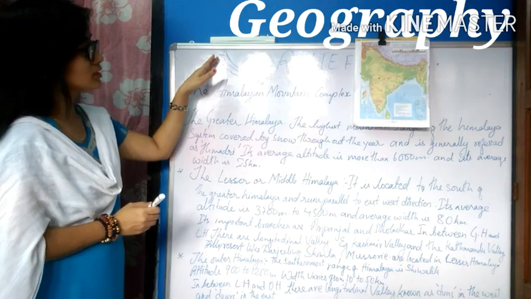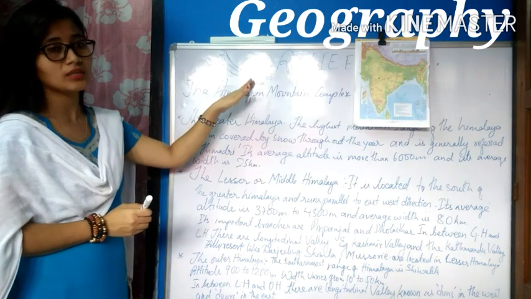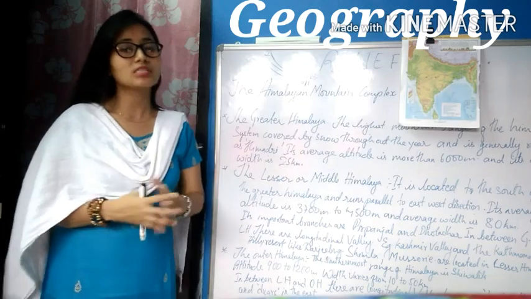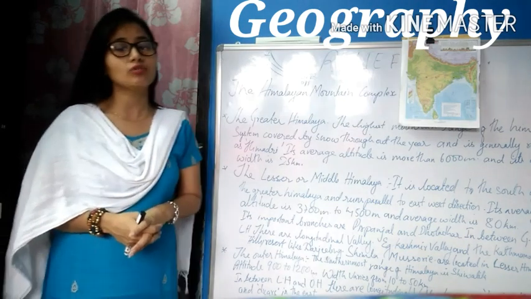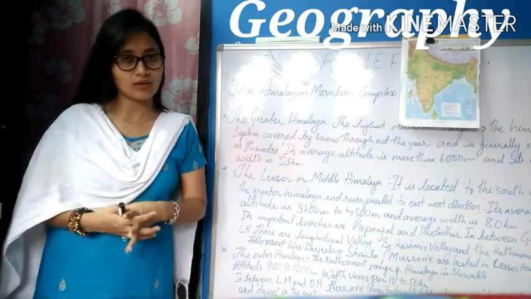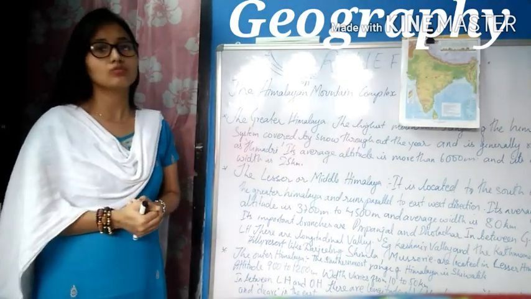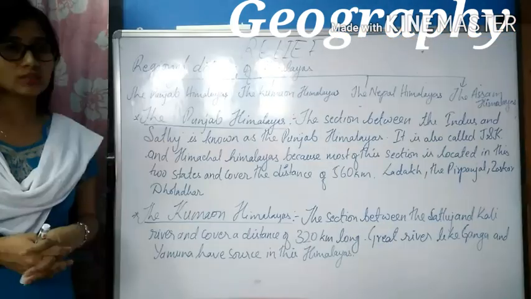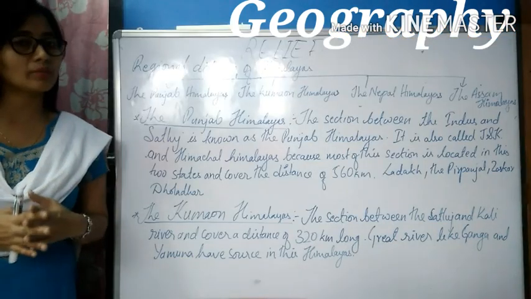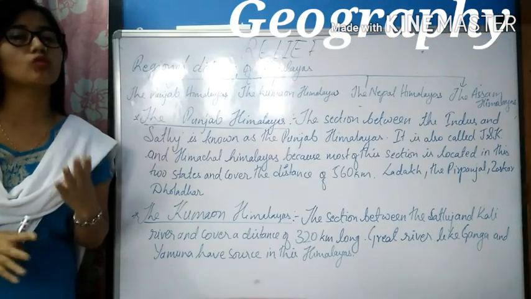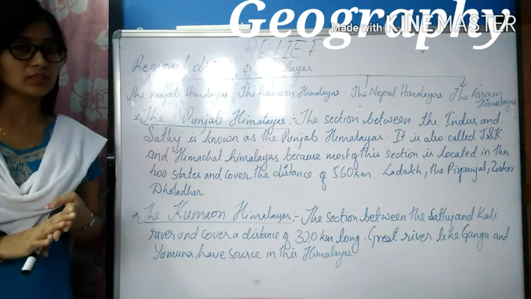Dehradun is one of the examples, and Doors in the east. The best example of Doors that I can give you is our place Jaigaon, Hasimara, Kalchini, all this area falls in the Doors area.